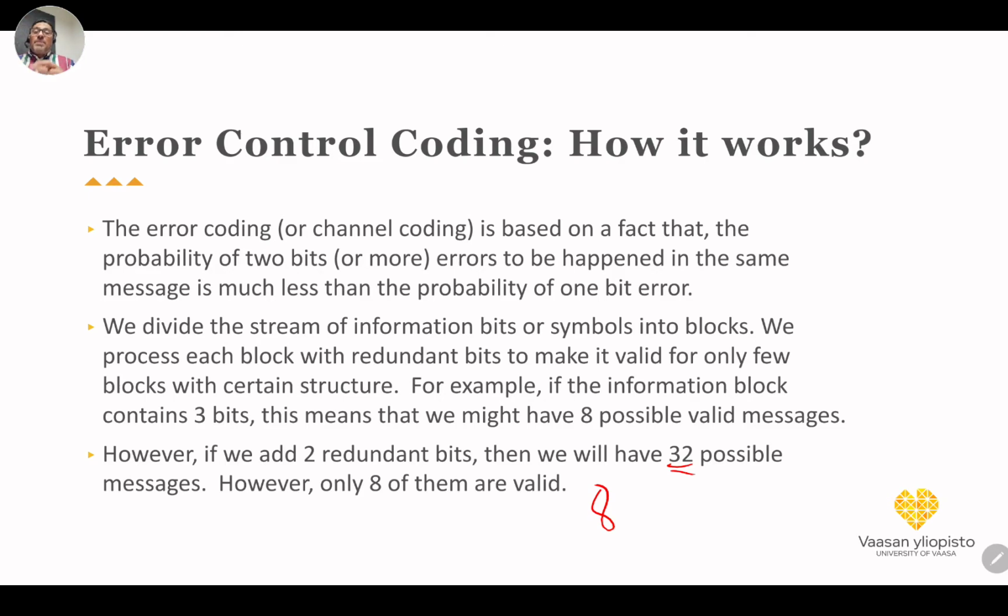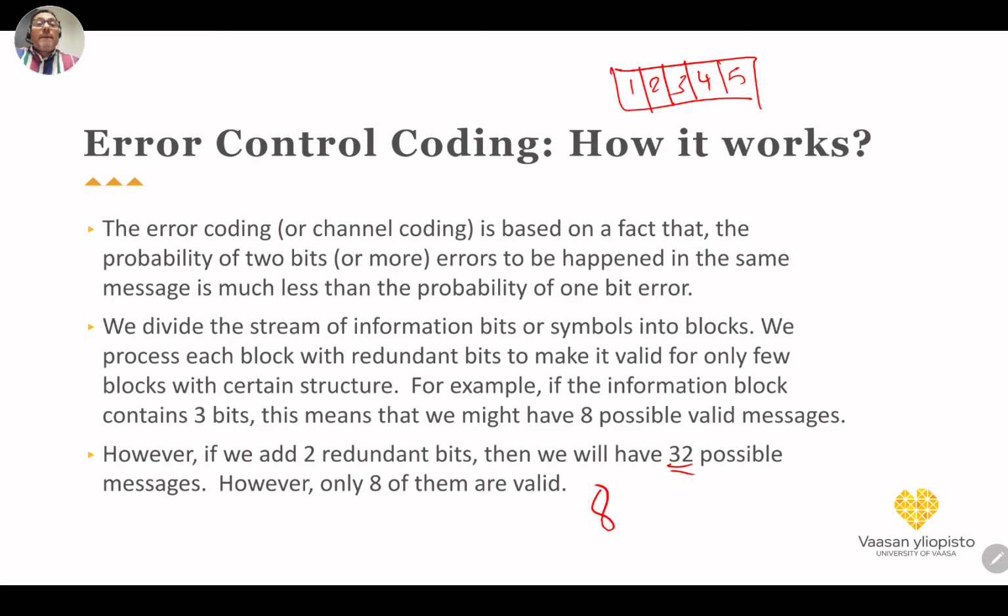Now the question, what is the benefit in that sense? Let us assume that we have 5 bits: this is bit 1, bit 2, bit 3, bit 4, bit 5. 3 out of those are valid, as we said. 2 of them are redundant bits, and 3 of them are information bits.